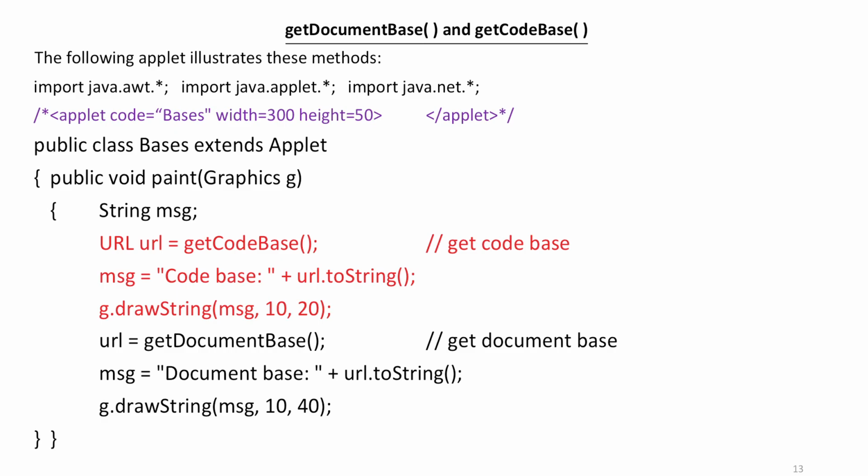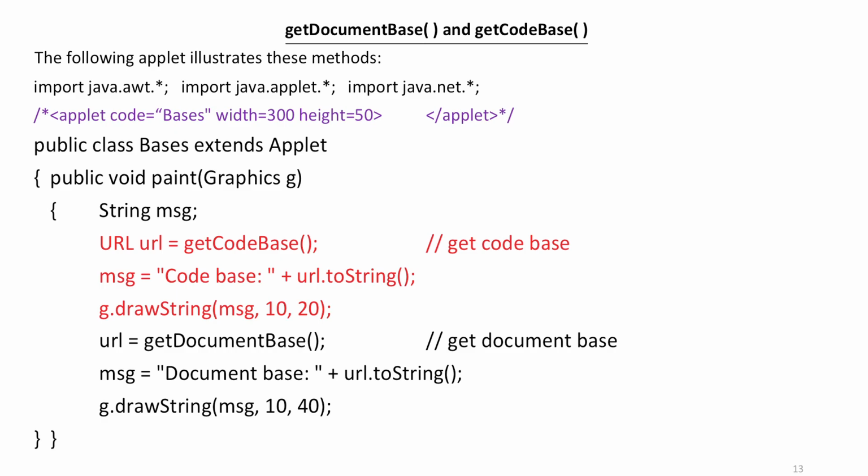Whichever file is accessed will be converted into string form by url.toString. Then you can see g.drawString(msg) at the 10, 40 coordinate. At this coordinate it will display this file also. So, this is getDocumentBase and getCodeBase.